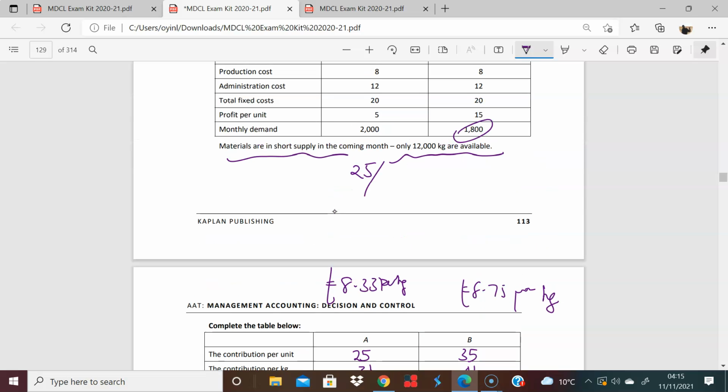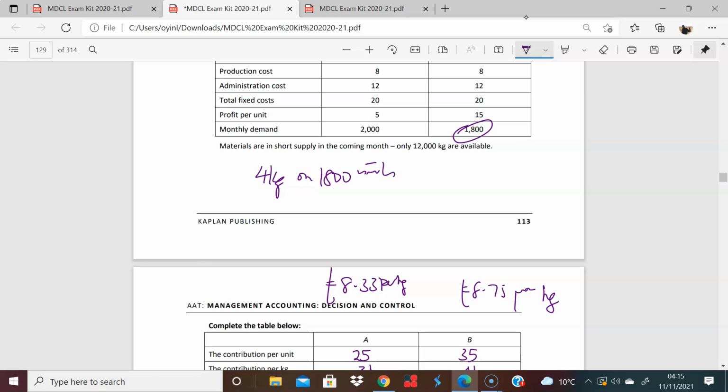I'm making 1,800, so I will use 4 kilograms on 1,800 units to fulfill that, and that is a total of 4 times 1,800, which is 7,200. So you will utilize 7,200 kilograms out of your 12,000.